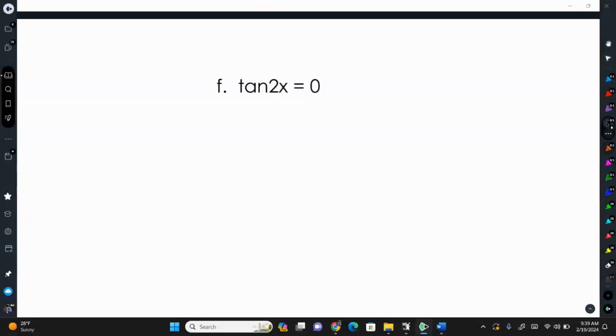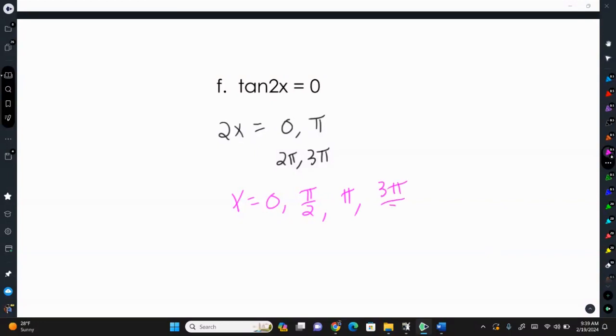So tangent is equal to 0 at 0 and at pi, but we have to go around the circle again, so it's going to be now 2 pi and then 3 pi. And then when we multiply everything by 1/2, x is going to equal 0, pi over 2, 2 pi over 2, which is pi, and 3 pi over 2.